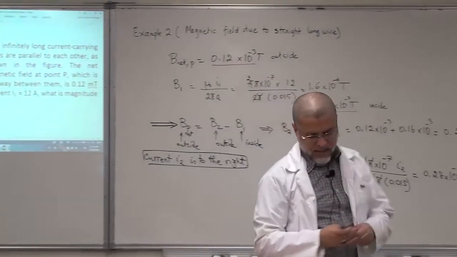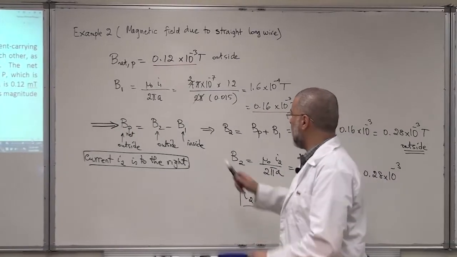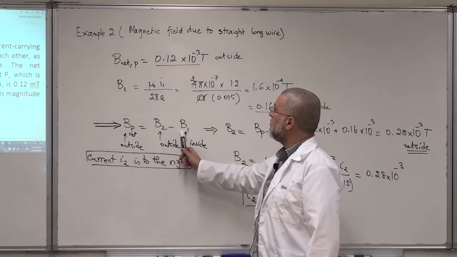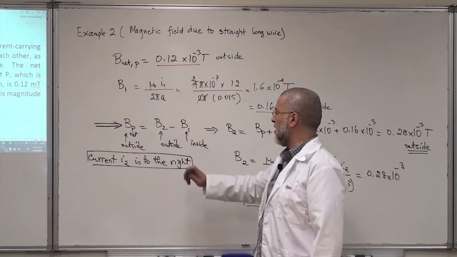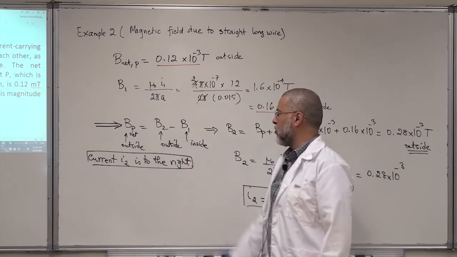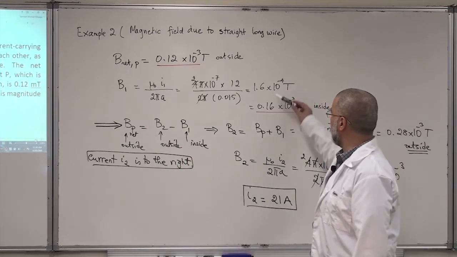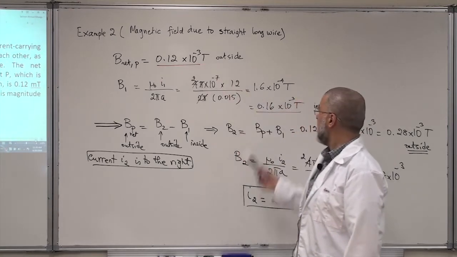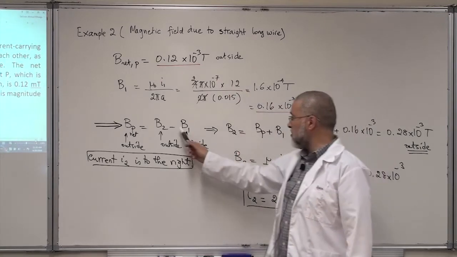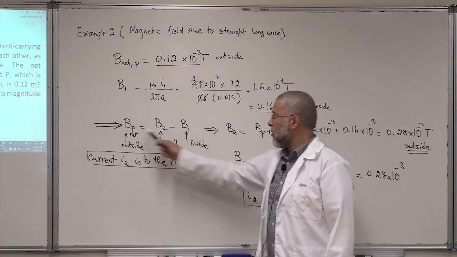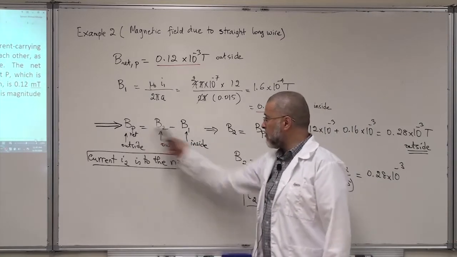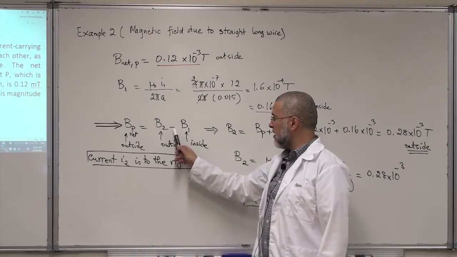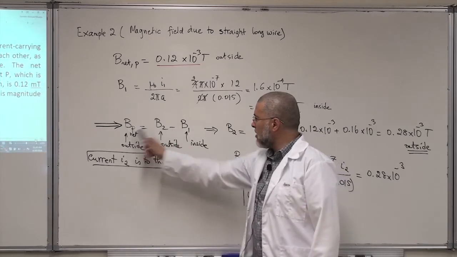It's very important to understand this point here, because it's not trivial. You see, B1 is larger than B net, and it's inside. When inside, I have to put a minus sign when I write the equation for the net magnetic field. Inside, minus sign. So B net is smaller than this value here.